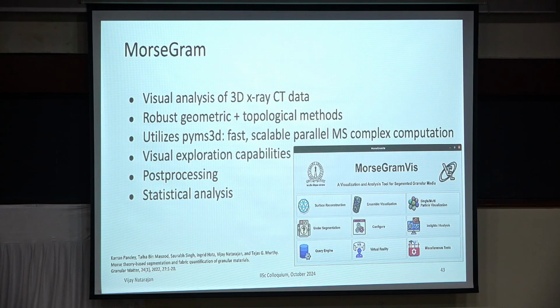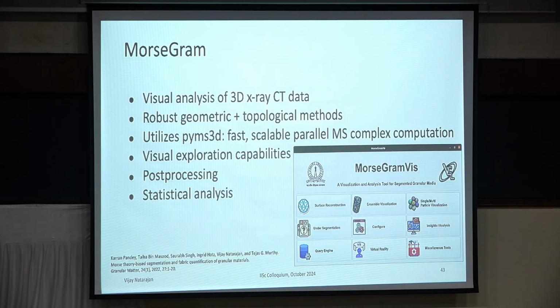There are several applications of the Morse-Smale complex. I want to talk about just one application, namely the study of granular materials via a tool that we call MorseGram. Granular materials like sand and powder and beads and so on have very complex behavior that is neither solid nor liquid.